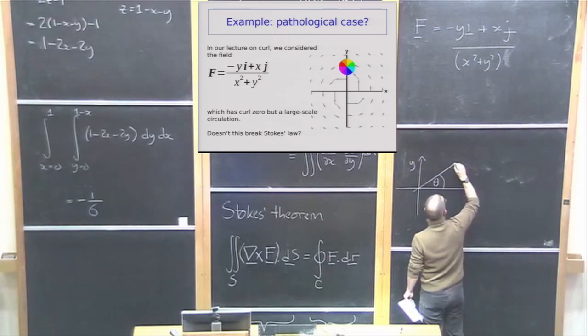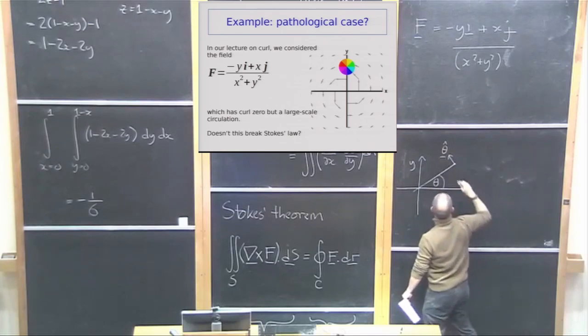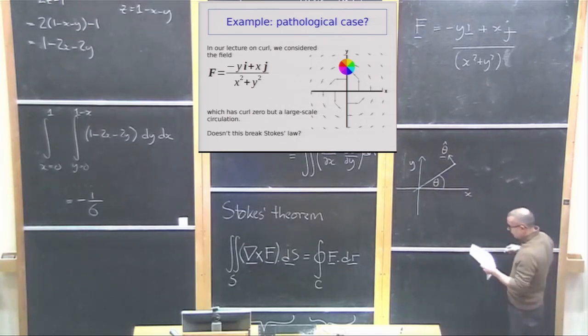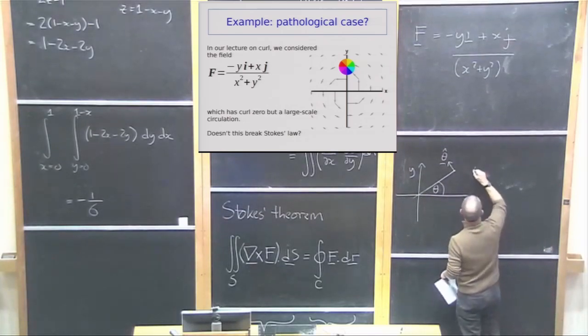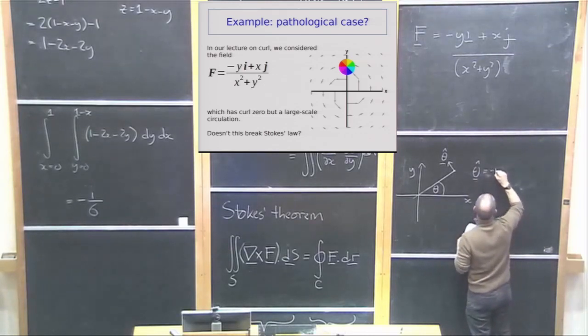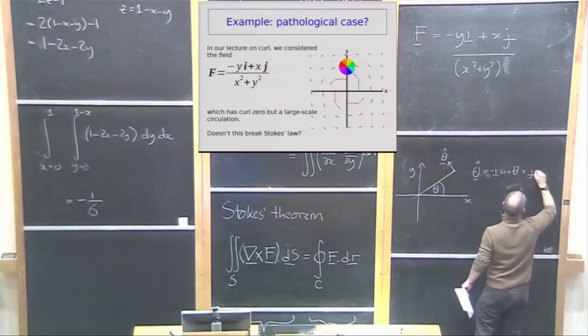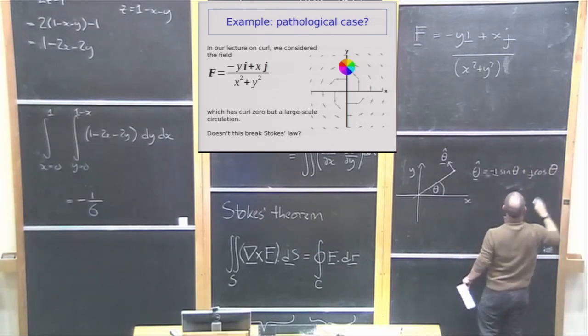And if I'm in plane polar coordinates, then I actually have a unit vector which is in the direction of increasing theta. And that unit vector we worked out about a month ago is minus i sine theta plus j cos theta.